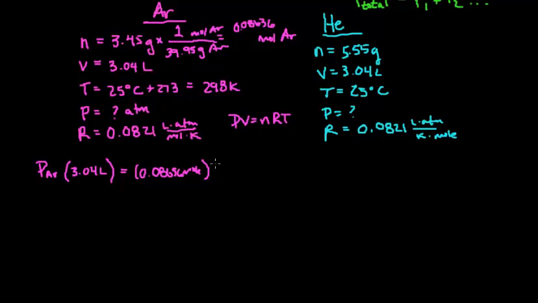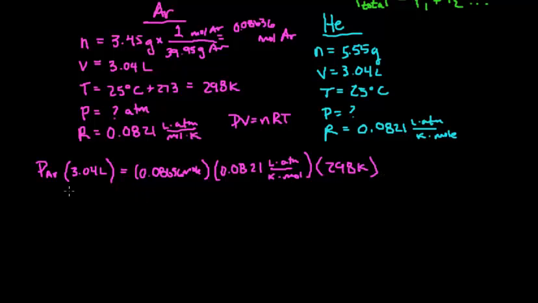Now I'm going to put in my R value, which is 0.0821 liters ATM over Kelvin moles. And then the last part of this equation here is going to be, sorry, I'm going to go back and fix that. It was kind of bothering me. Temperature is 298 Kelvin.